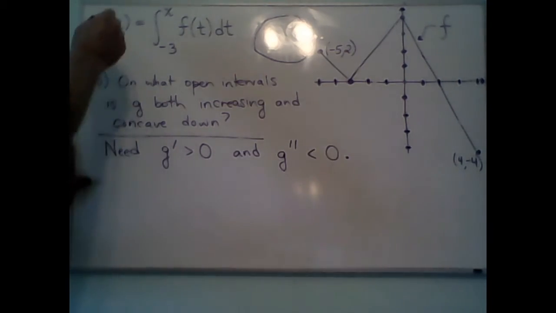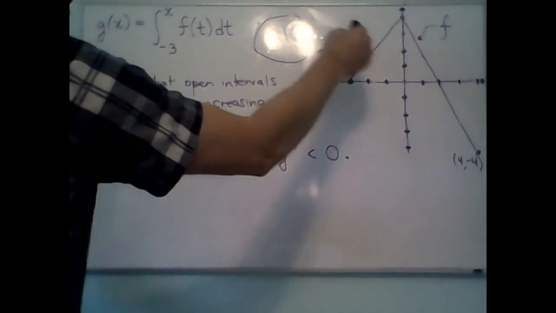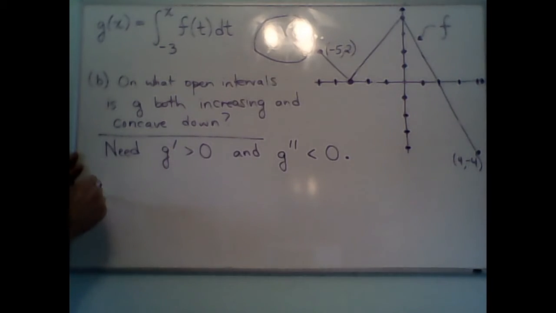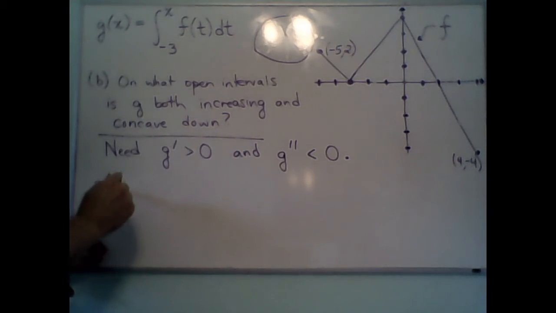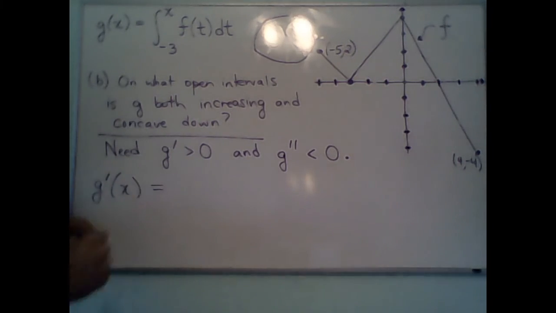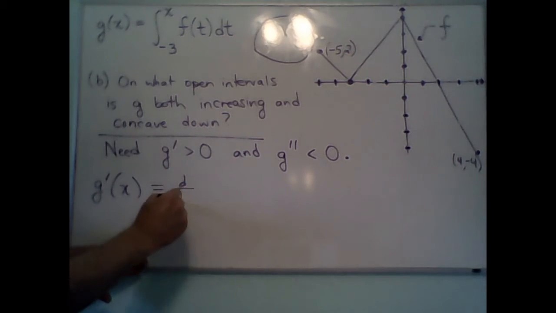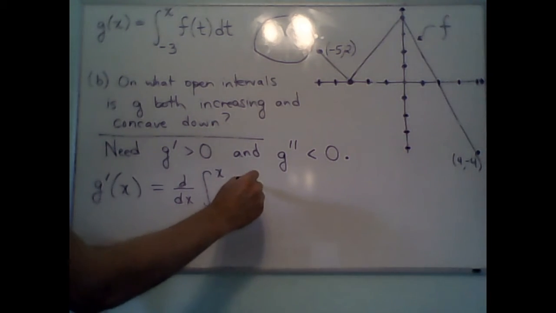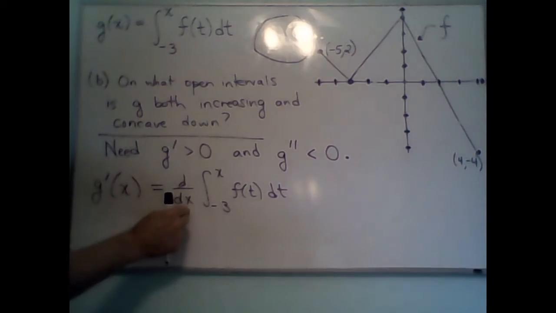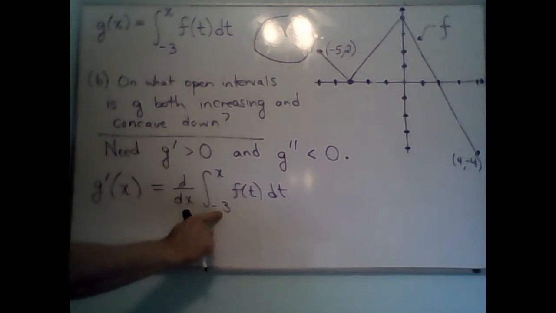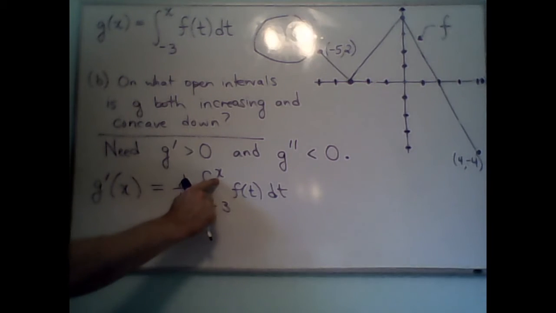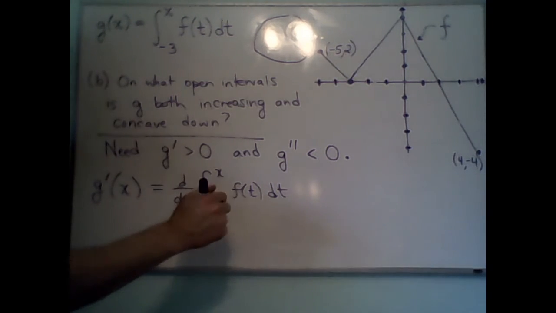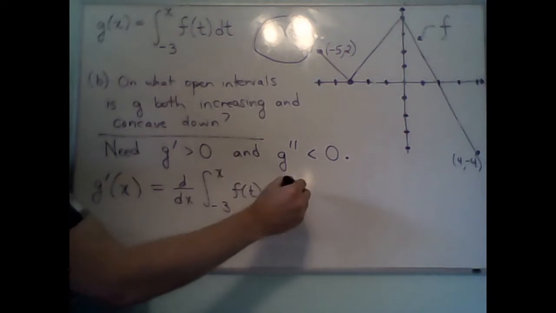Well, what is g prime? Again, f is not g. G is this. So if g of x is this, then g prime of x is d dx of the integral from -3 to x of f of t dt. When I differentiate an integral expression, the lower endpoint is constant, the upper endpoint is the variable I'm differentiating with respect to, unaltered, just constant and the variable.